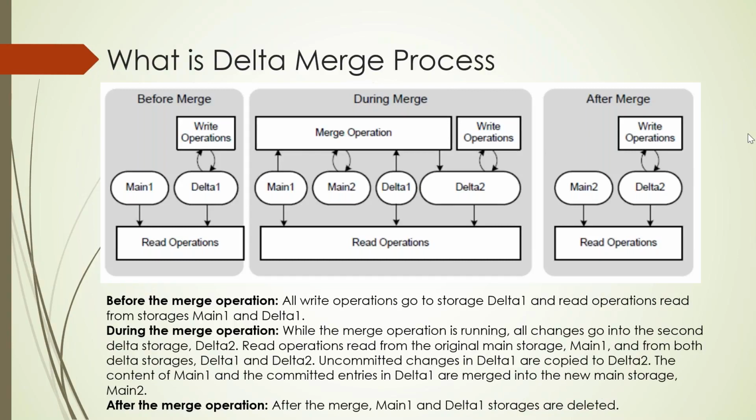Again, if another merge process starts, it creates main three and delta three. The main three will be a copy of your main two, and the committed transactions of the delta two will be transferred to the main three. So your main is always a copy of your previous main and also contains the committed data from the delta.